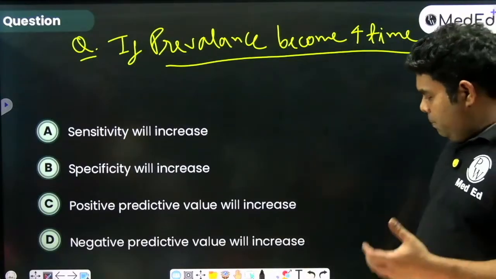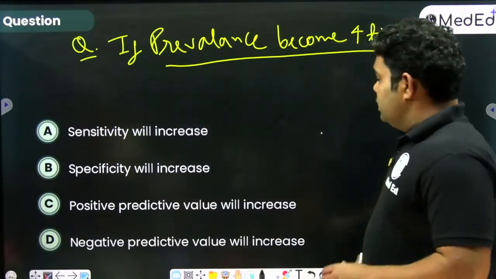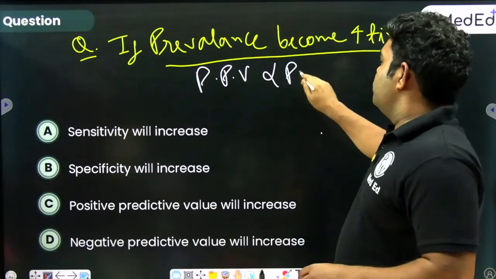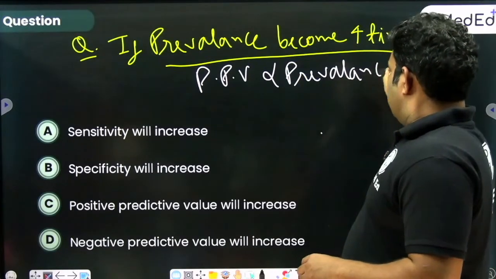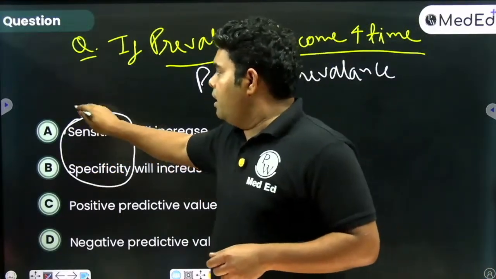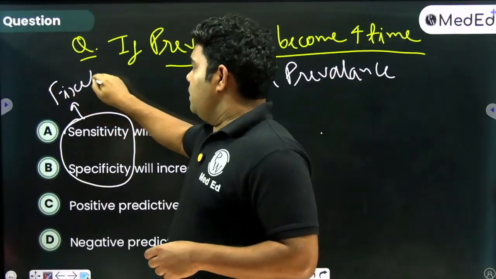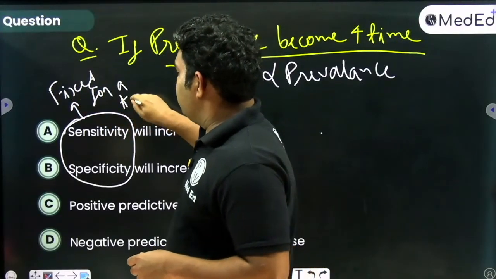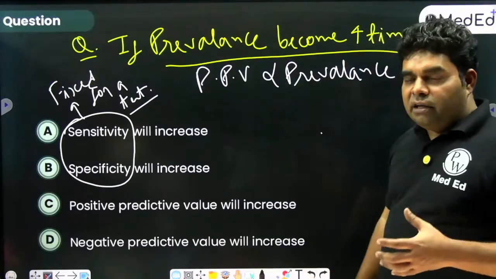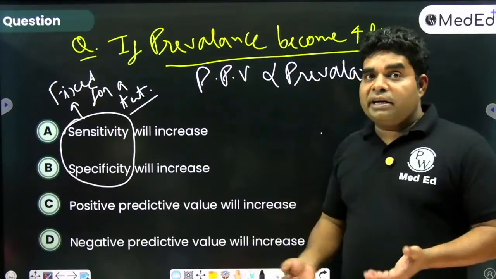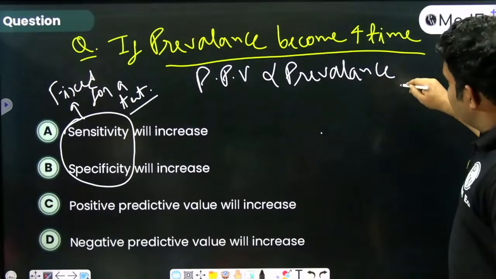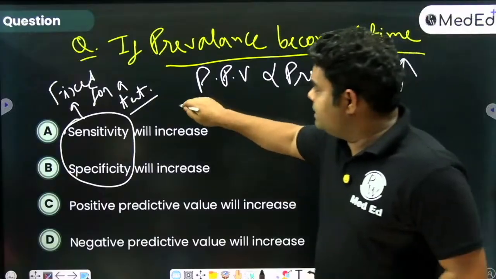I hope you might have gone through this PYQ where they say positive predictive value is directly proportional to prevalence, but sensitivity and specificity are fixed for a test. They are not affected by prevalence. Sensitivity and specificity depend on which marker we are using, how we are doing the test and all, but positive predictive value depends on prevalence. So if prevalence becomes 4 times, which one will increase?